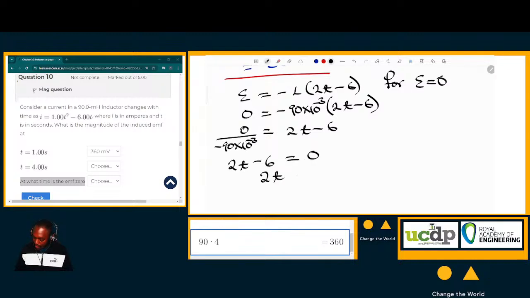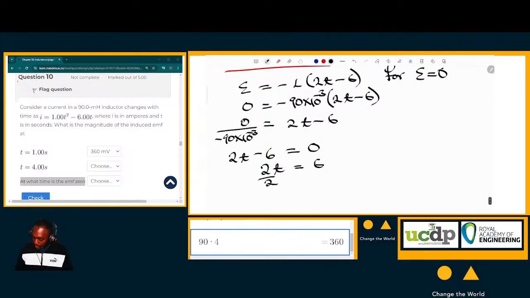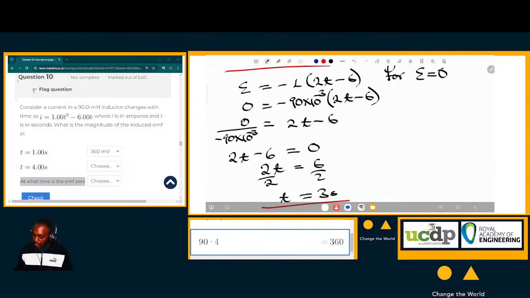Then 2t will be equal to positive 6, and if you divide by 2, you get t equals 3 seconds. So your EMF will be 0 at 3 seconds. Then you can check.